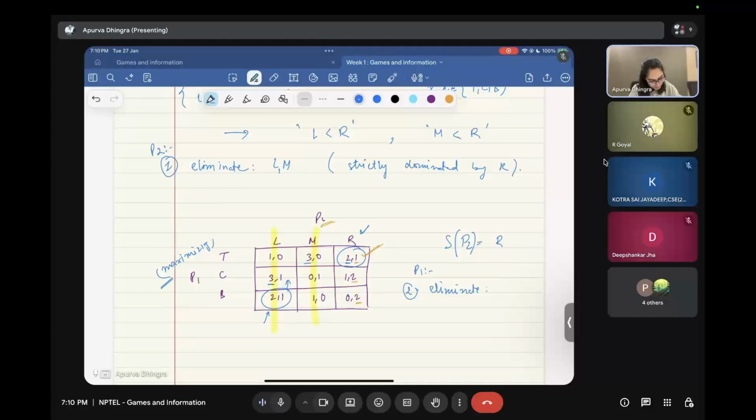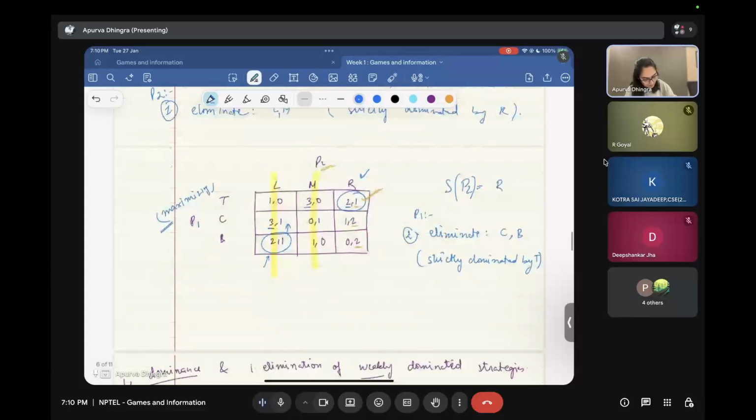He's going to eliminate C comma B because these are both strictly dominated by T. And what we are left with is just 2 comma 1, which is the Nash equilibrium.